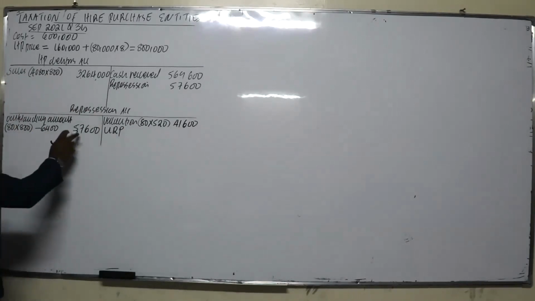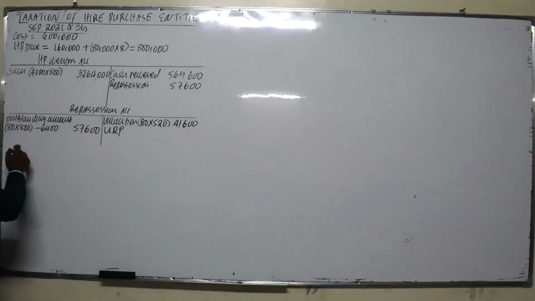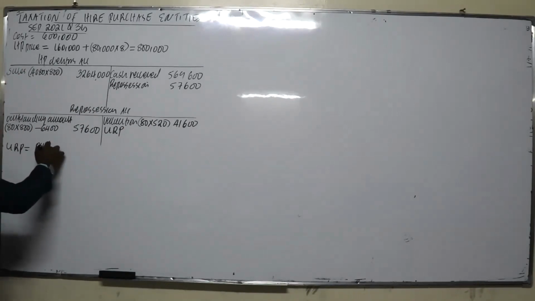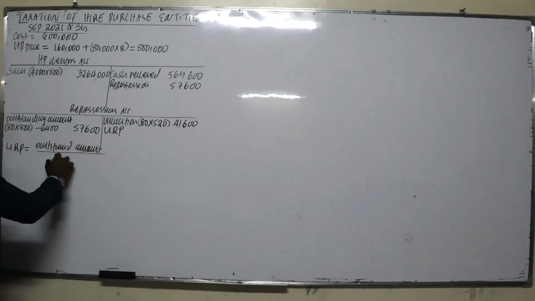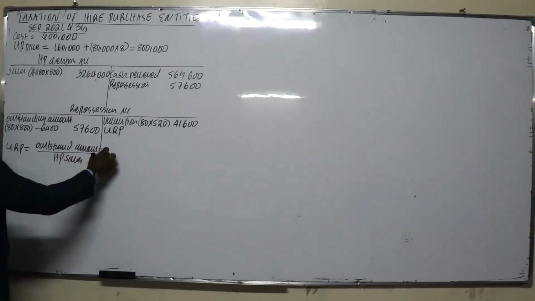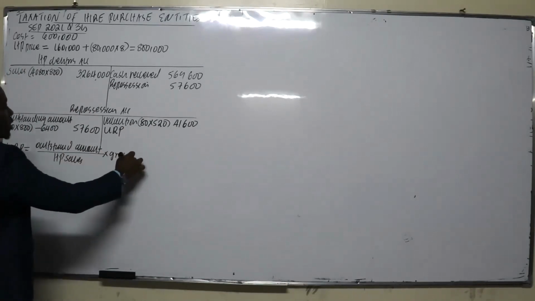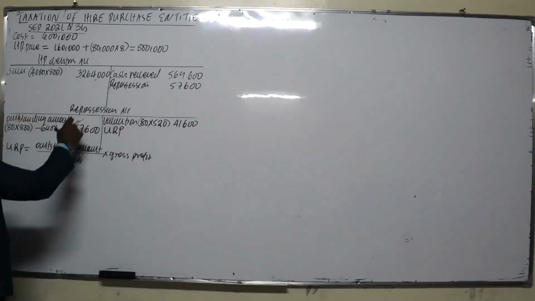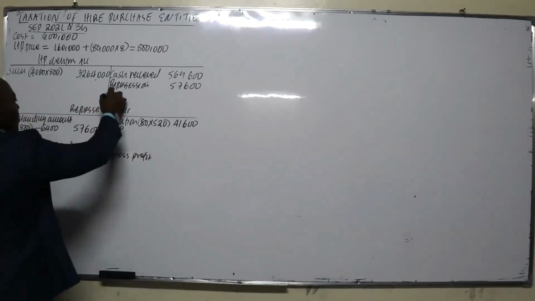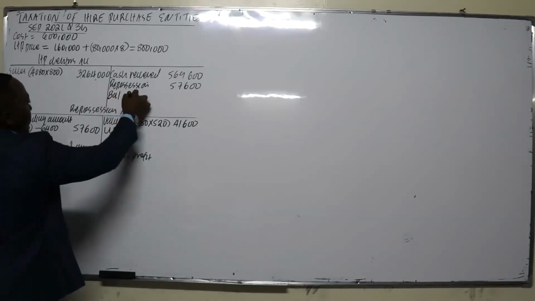Then, of this outstanding amount, we need to provide for unrealized profit. How do we get the unrealized profit? You take the outstanding balance, divide by the hire purchase sales, and multiply by the gross profit. We provide for both the outstanding debtors and the repossession. So first of all, let's get the balance carried down for the debtors.